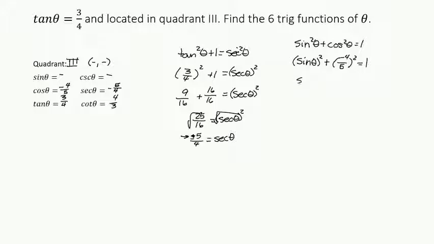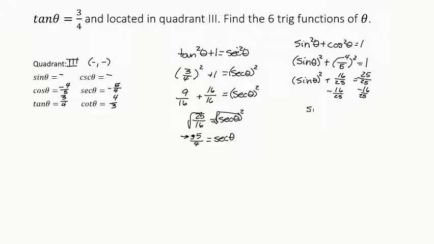So if we take this, the sine of theta squared, and we square this part, we get 16/25, and then this 1 is going to equal 25/25.